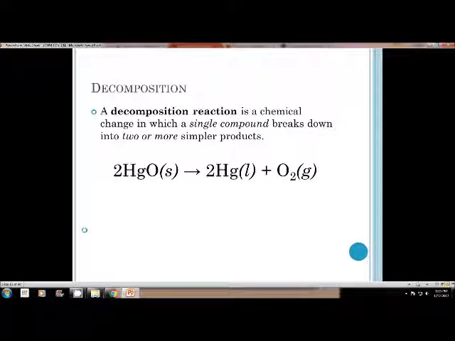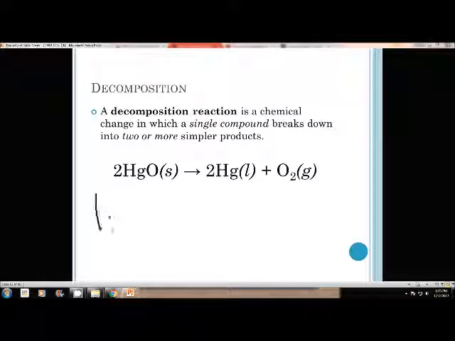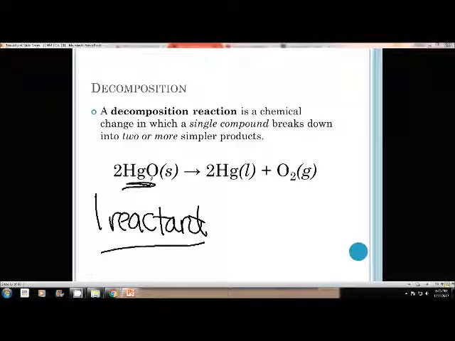Decomposition is the opposite, where it only has one reactant. Okay? So decomposition is when you have a single reactant, one reactant, that breaks down into many products. So the HgO there. Okay? The one reactant is usually very complex. Not in this example, but in many cases, you have polyatomic ions as a part of the reactant.